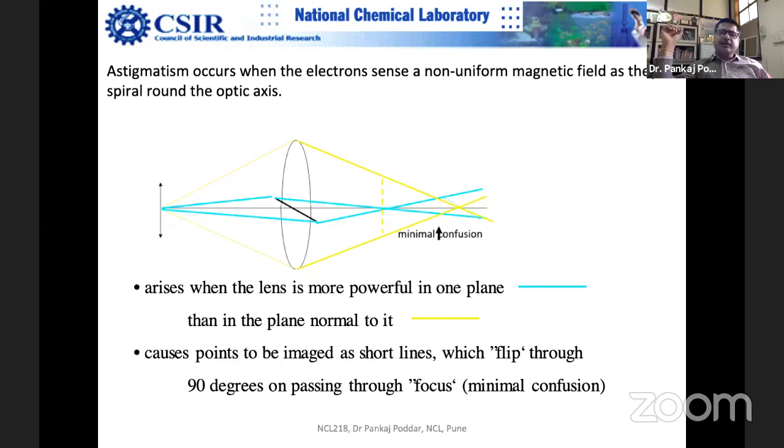They can get deposited over a period of time on the pole pieces and other parts. So that buildup can deflect the electron beam out of spherical dispersion, and it is very obvious that you will have this astigmatism.